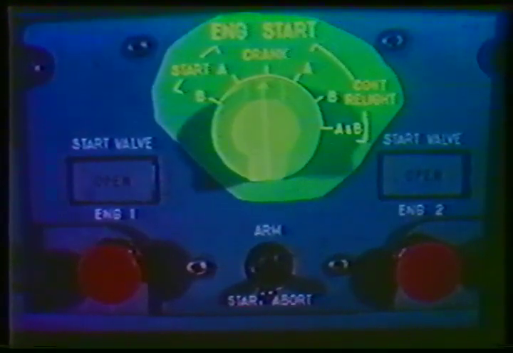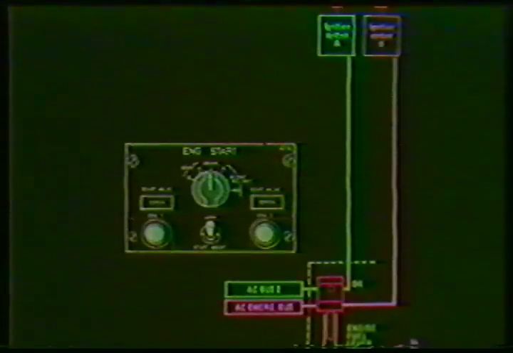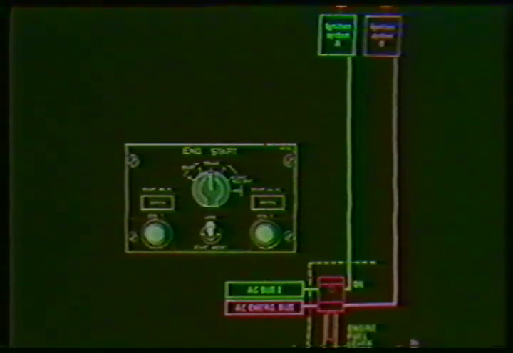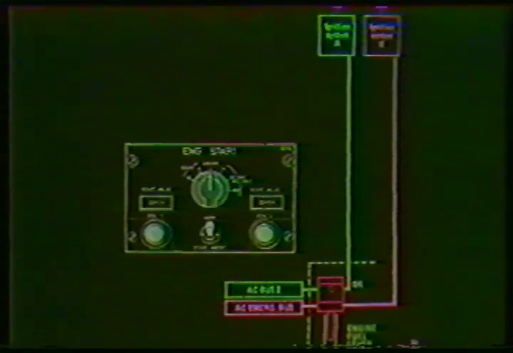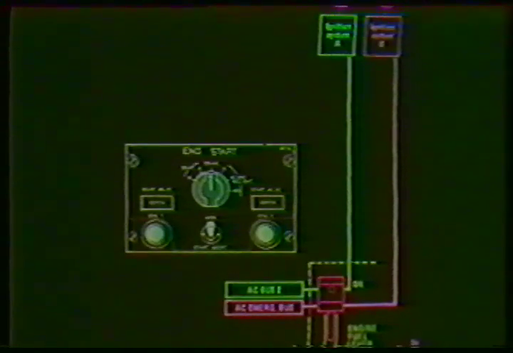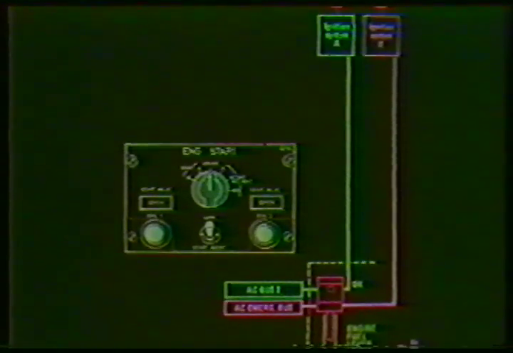Each engine is fitted with 2 identical ignition systems labeled A and B. System A is supplied by AC bus number 2, and System B is supplied by the AC emergency bus through the corresponding engine fuel lever. If starting on battery only, circuit B can be used.